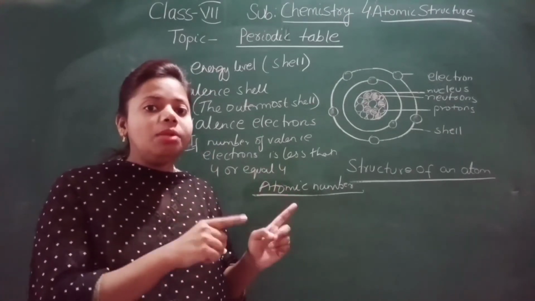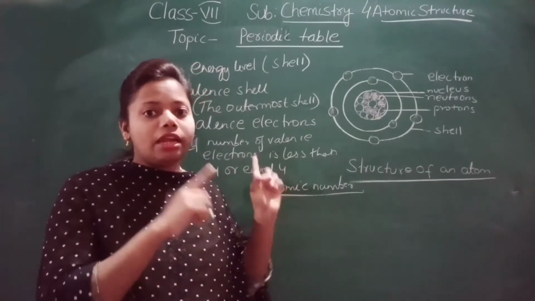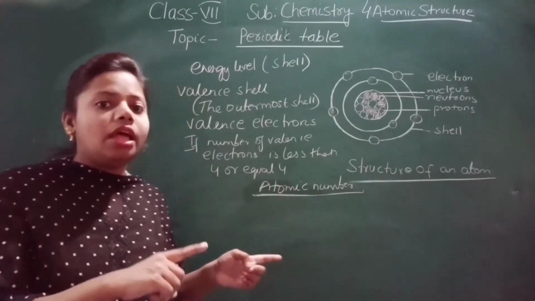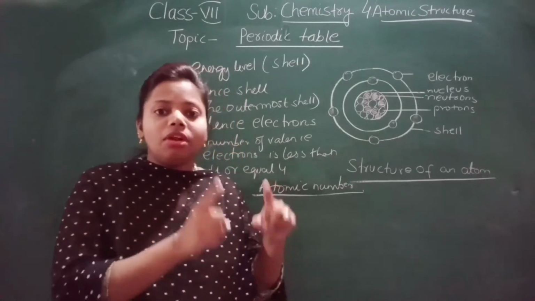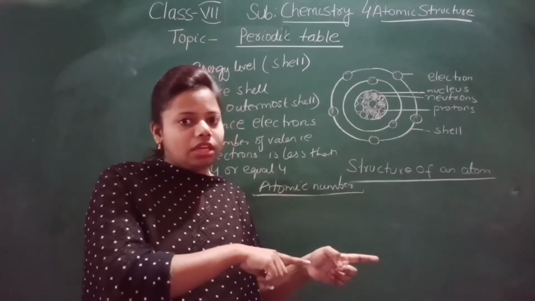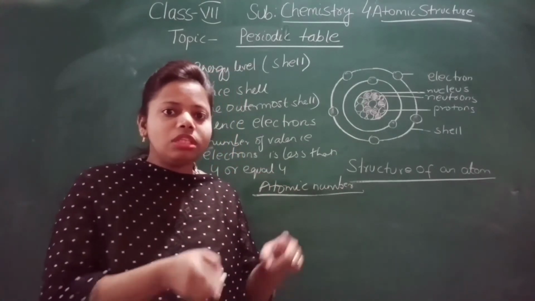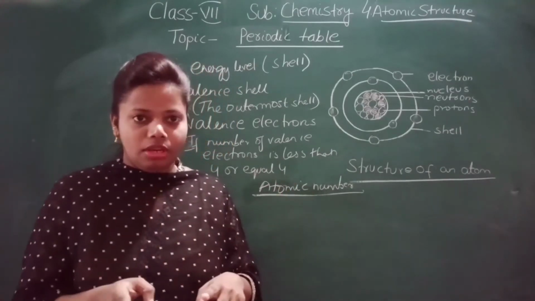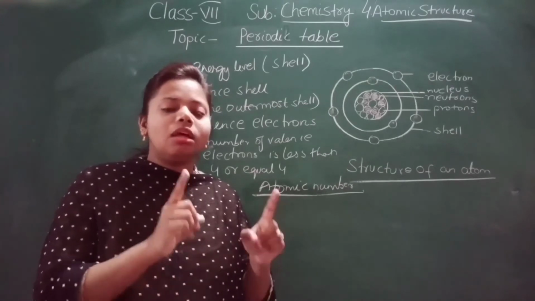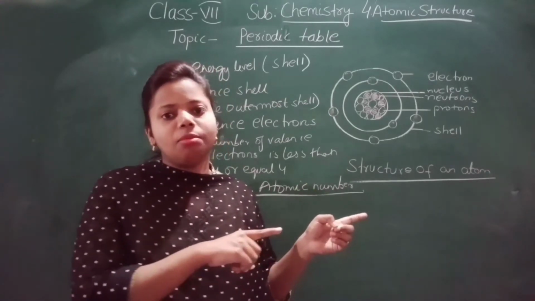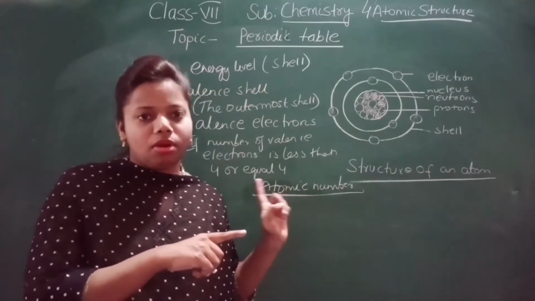How many protons are present in an atom of an element, that will become the atomic number of that element. The number of protons and the number of electrons are equal. So the number of protons present in an atom of an element will become the atomic number of that element.